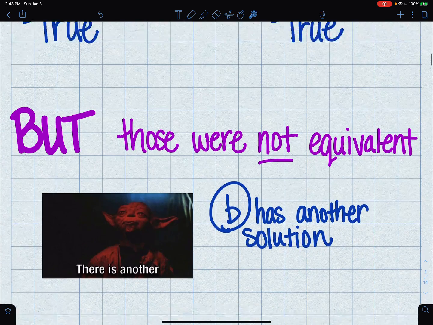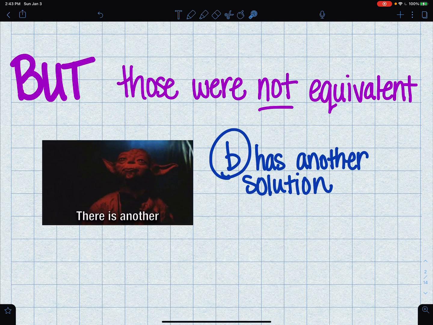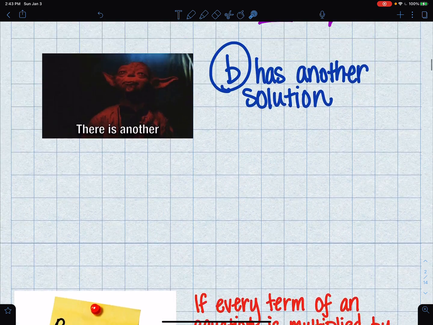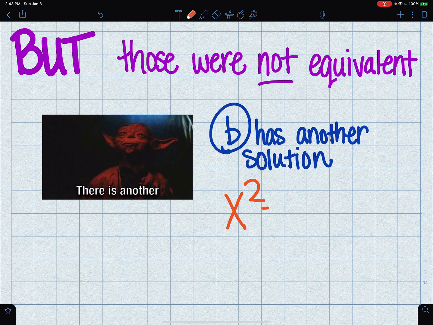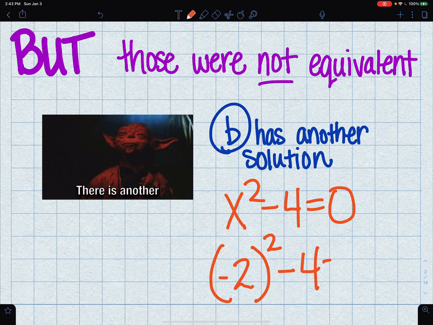Remember Yoda? These are not equivalent because Yoda says there is another. B has another solution. So let's look back at B: x squared minus 4 equals 0. We plugged in a 2, but what could the other solution be? Yoda says it's negative 2. That's right.